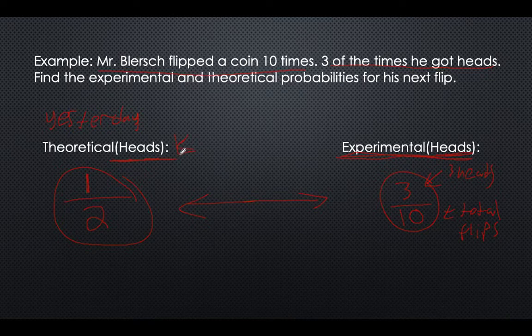It's theoretically unlikely to win the lottery, yet people do. So theoretical doesn't always have to be what happens in the real world. And it's the same with experiment. Obviously, if I were to flip 10 coins right now, I shouldn't expect to get 3 heads. That's just in the experiment. What's the experimental probability, okay? So it's just based on their data.